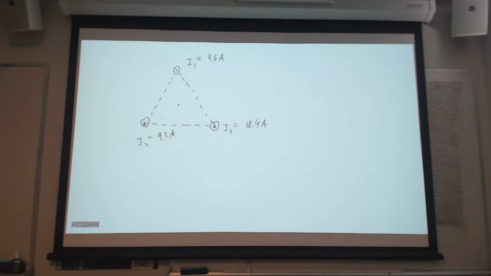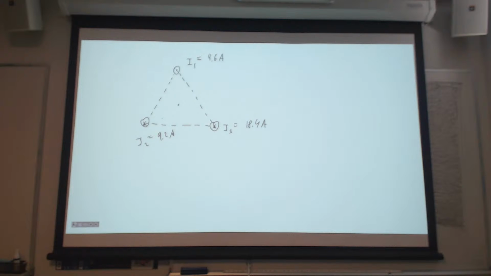I was able to calculate the magnitude, but the direction I'm confused about, because it asked for the direction counterclockwise from the x-axis. Okay, but if you calculated the magnitude, that means you see the vector.